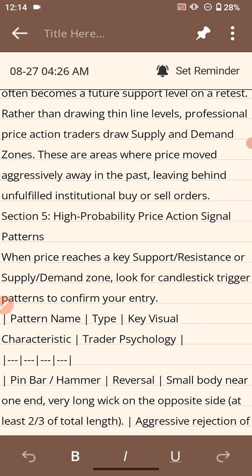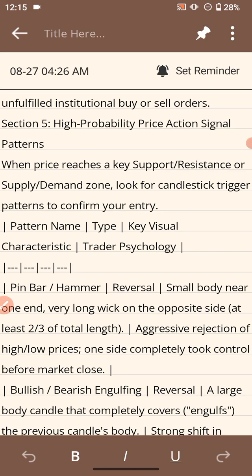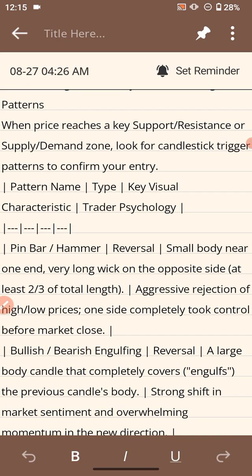Section 5, high probability price action signal patterns. When price reaches a key support or resistance, supply or demand zone, look for candlestick trigger patterns to confirm your entry. Pattern name, type, key visual characteristic, trader psychology.